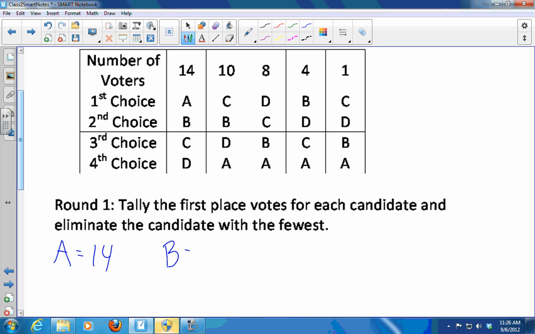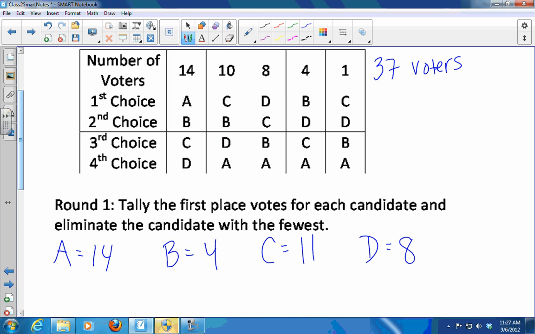Candidate B has 4. C has 11. And D has 8. So how many people voted all together in this election? 14, 18, 29, 29 plus 8 is 37. So we have 37 voters.